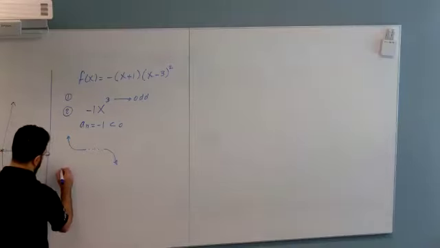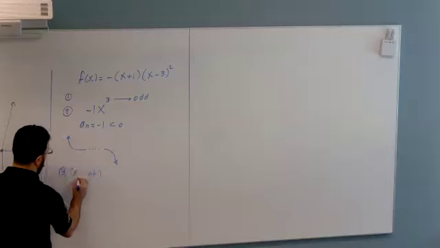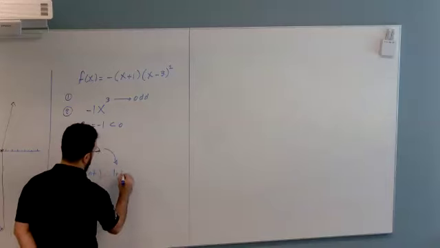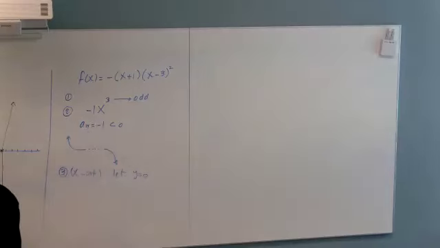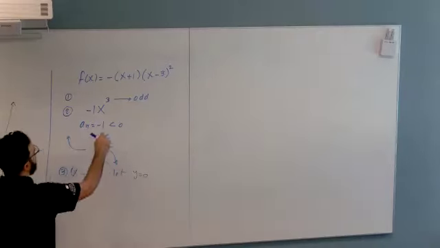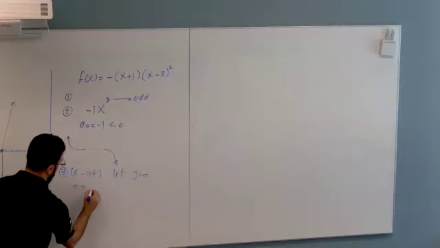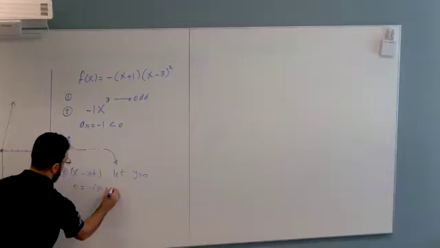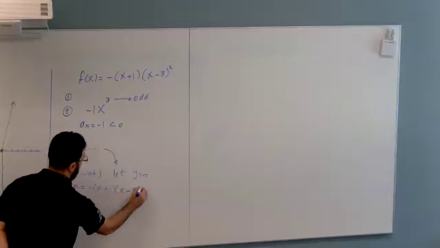Next step. X-intercept. How are you going to find the x-intercept? Put 0. So I'm going to put y equals 0 here. Means 0 is going to be equal to negative, x plus 1, x minus 3 squared.